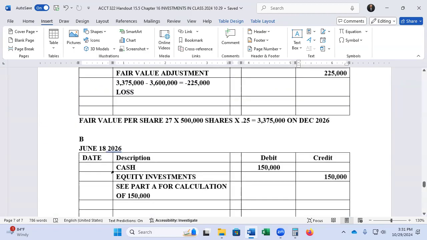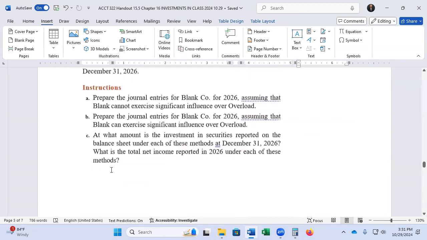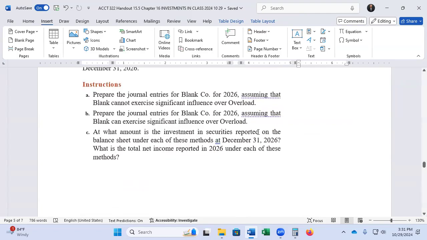Okay, and then part C. Part C asks what amount of the investment in securities is reported on the balance sheet under each of these methods at December 31st, 2026? What is the total net income reported in 2026 under each of these methods?